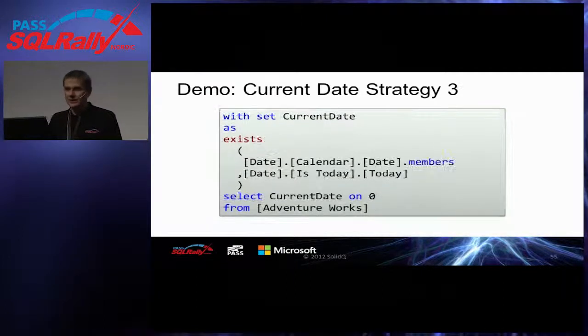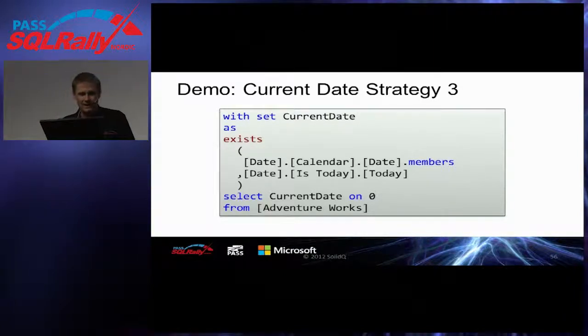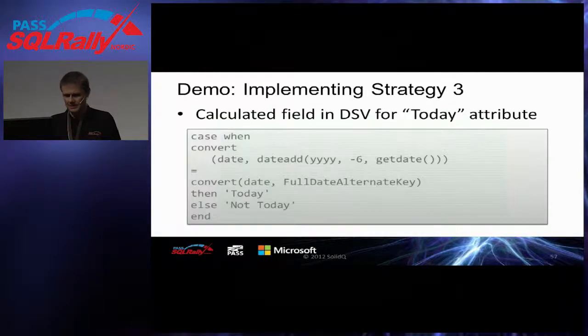So that's a possibility. The third way, which I described earlier, is just to have an Is Today attribute in your date hierarchy, and that can be calculated. It could actually be put in the source table, and so then you do an incremental update in your date dimension, so you have a solid place to start with when you're doing date calculations of what today actually is.